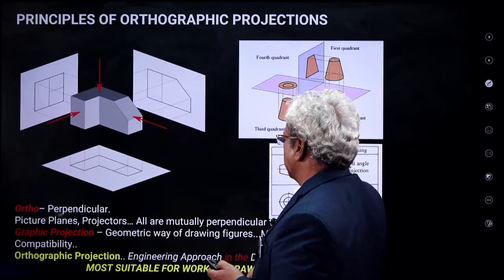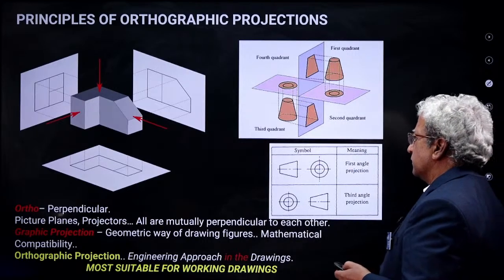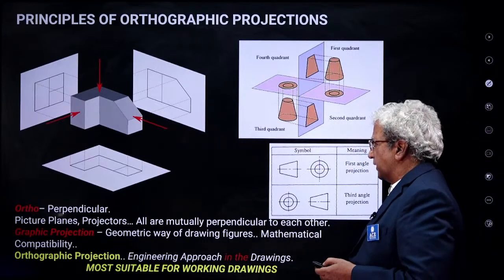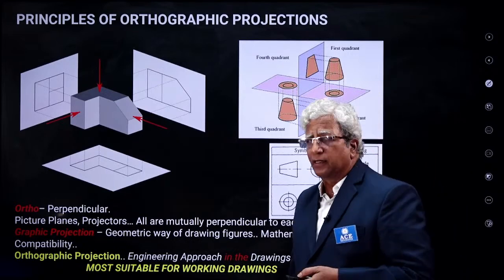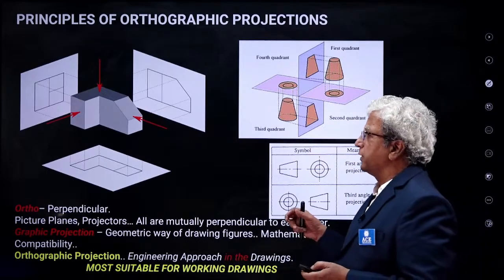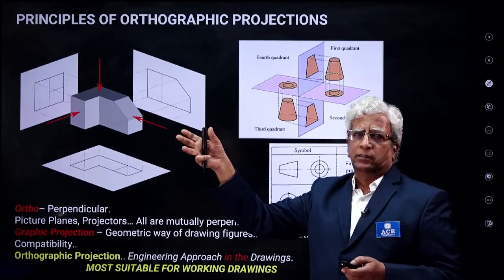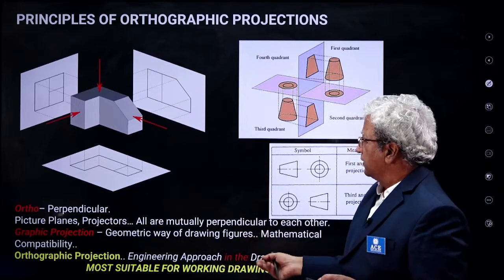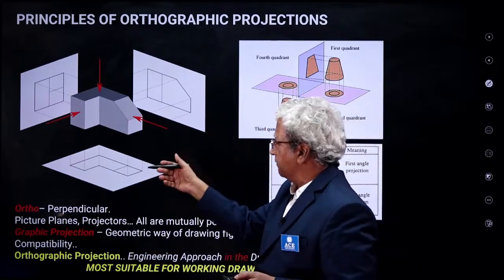And this is a graphic projection or geometric way of drawing figures with mathematical compatibility. So this is where the difference starts coming between artistic drawings and engineering drawing. Here we have graphic projection, in which we have orthographic projections, a class.